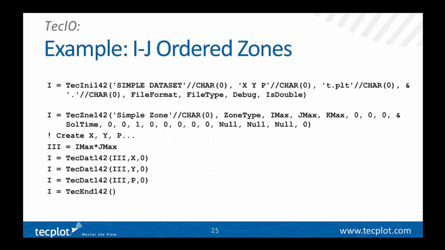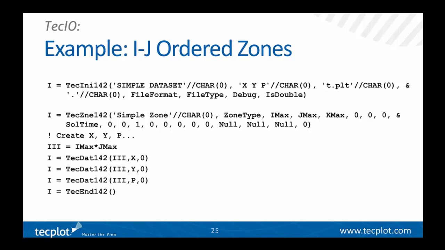So here's a real simple example to create a data file with a single IJ ordered zone or structured zone, a 2D structured zone. We're calling TecINI first. Now this is a Fortran example. Our next one will be in C. We call TecINI and pass it the title of the data set, and you'll notice for each character string we append a null character.